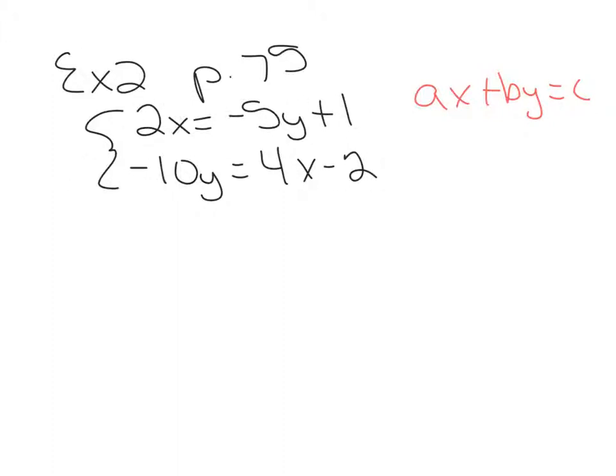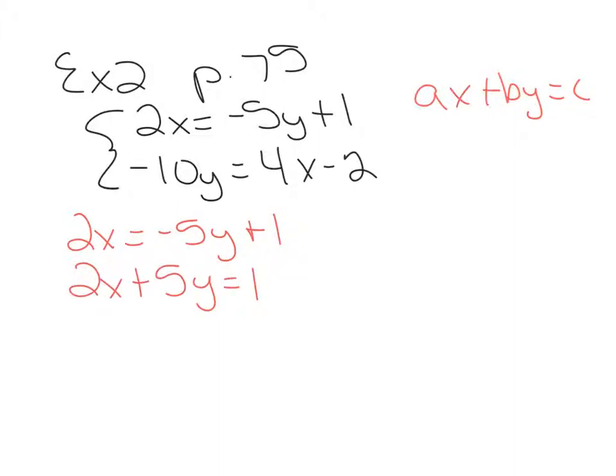So we're going to take this first one down here, and we're going to put it in standard form. Standard form has the x term plus the y term on the left, the constant term on the right. So that means this y term needs to go over here, and of course when I move this over here it will change now to a positive. So that'd be 2x plus 5y equals 1.